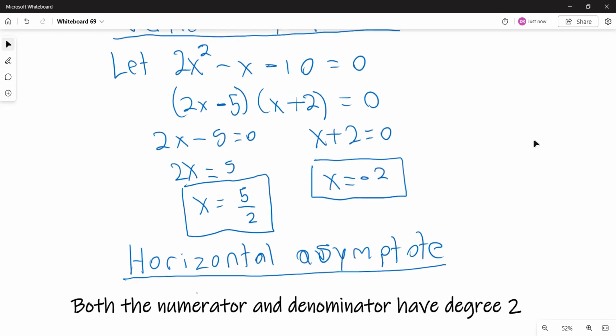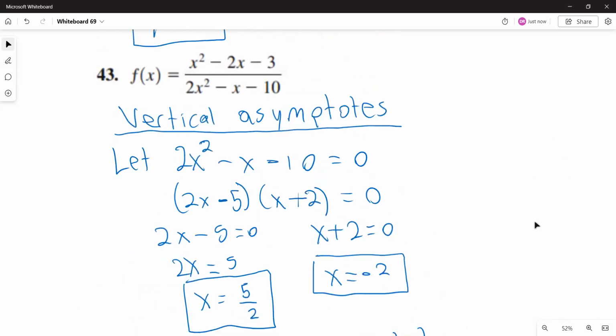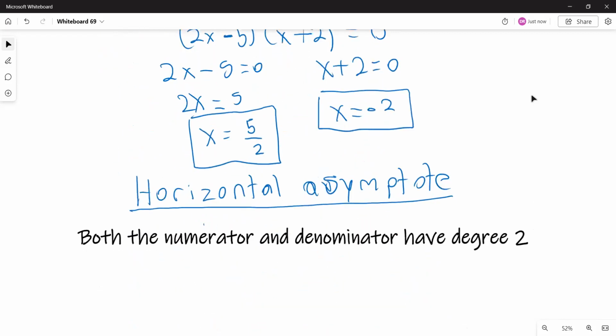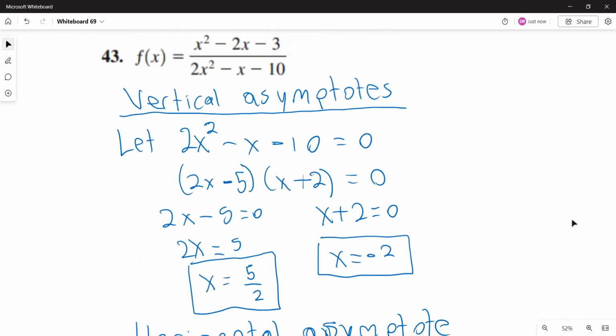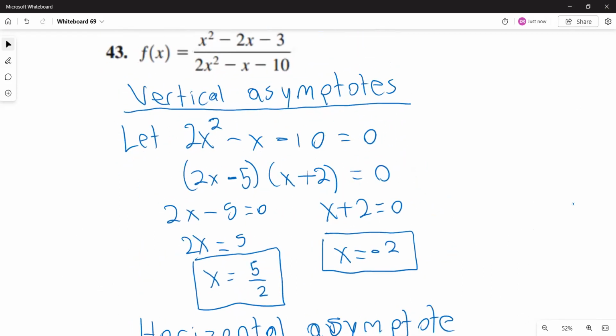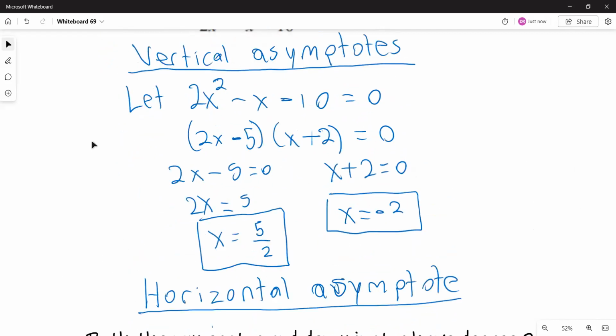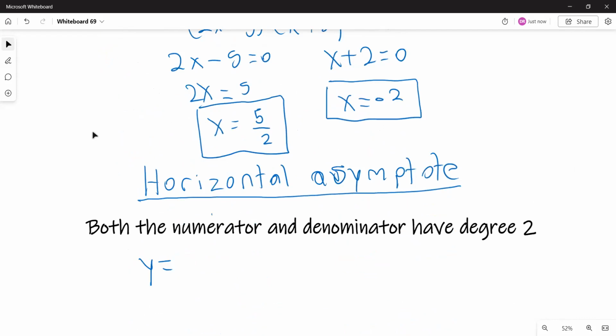So the horizontal asymptote is going to be the quotient of the leading coefficients. The leading coefficient of the numerator is 1, and the leading coefficient of the denominator is 2. So it's going to be 1/2. So y equals 1/2 is the horizontal asymptote.